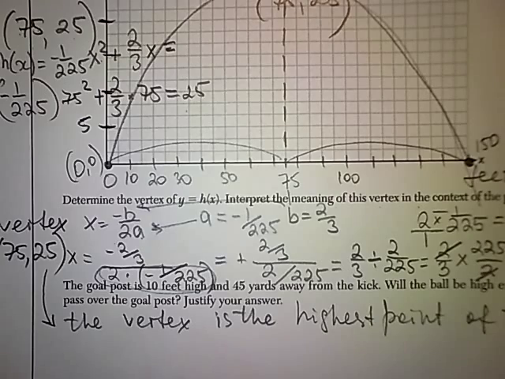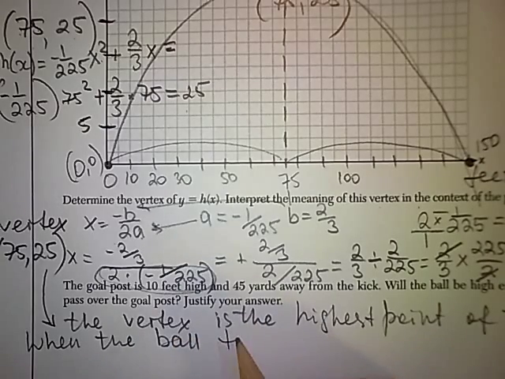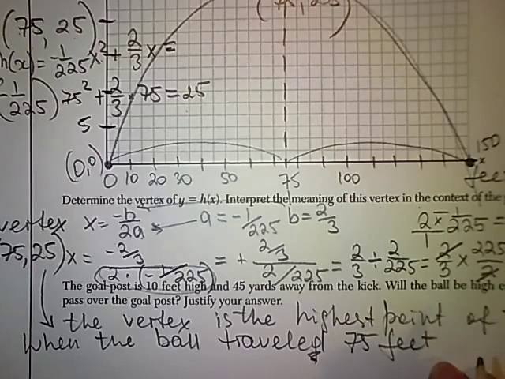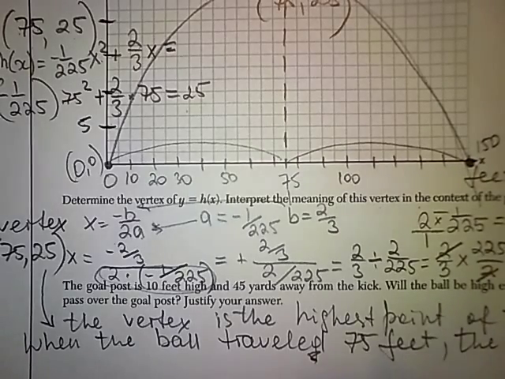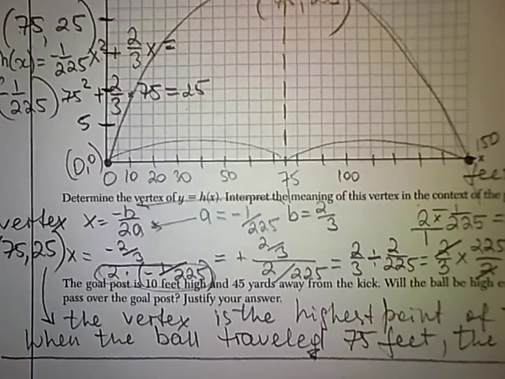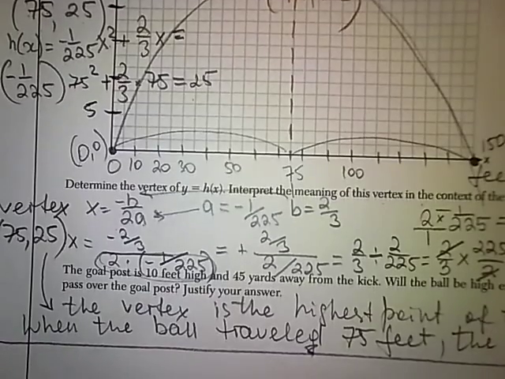So when the ball traveled 75 feet, the height is 25 feet. So I'm going to underline it, and I will try to answer my last question.